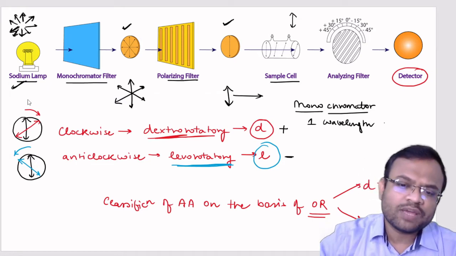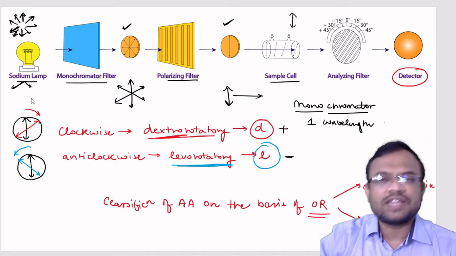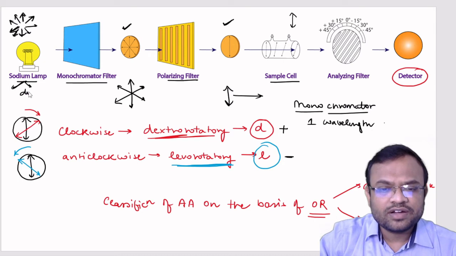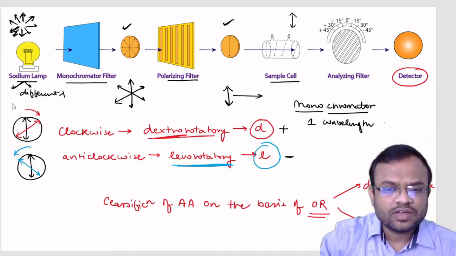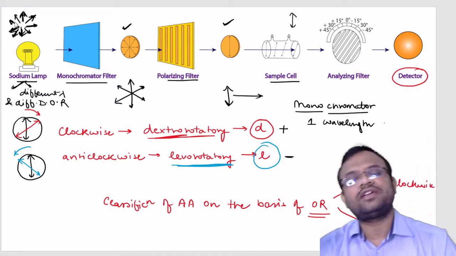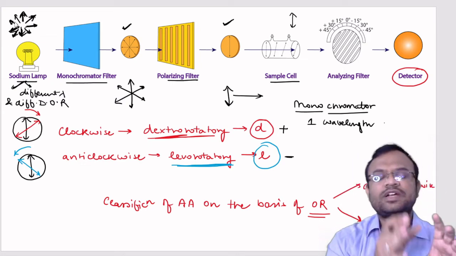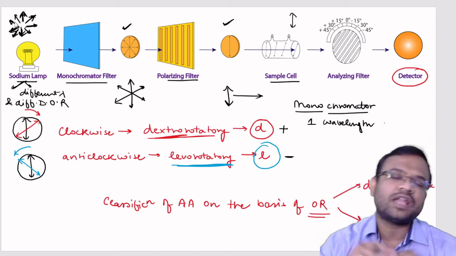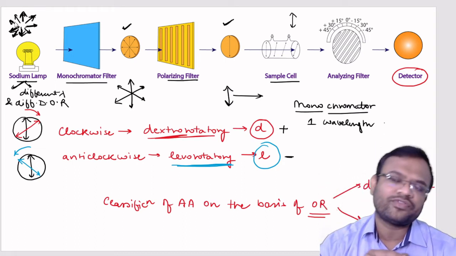So the sodium lamp is providing light having different wavelengths and different directions of rotation. The direction of rotation can be like this, like this, anything can be possible. Now this light from the sodium lamp is allowed to pass through a monochromator filter.